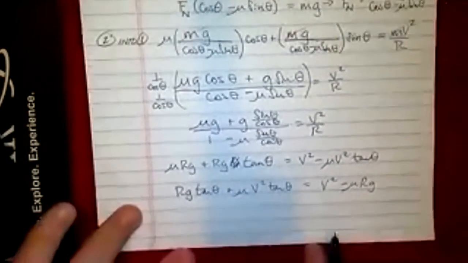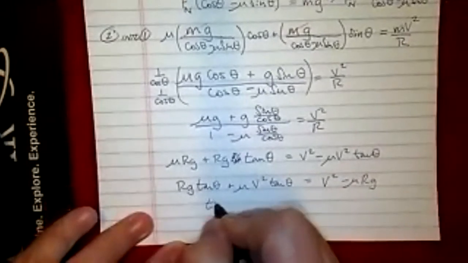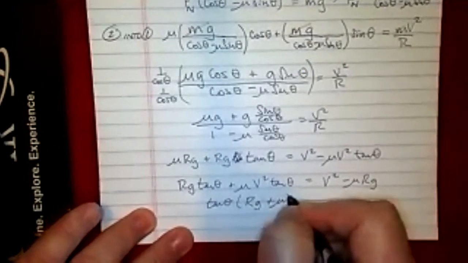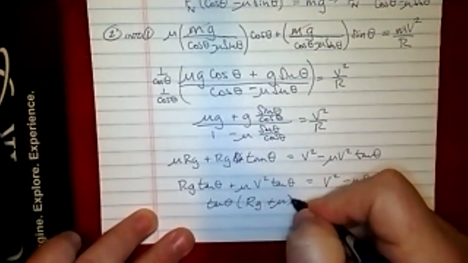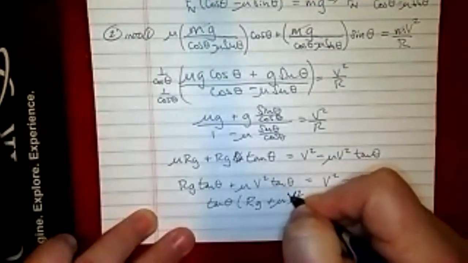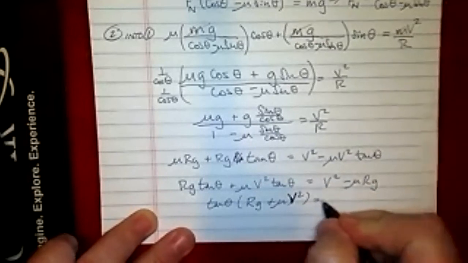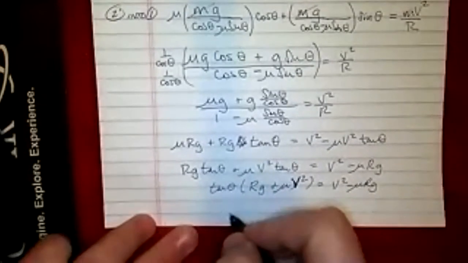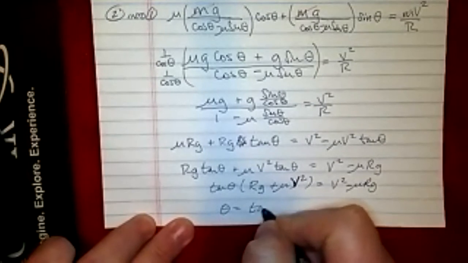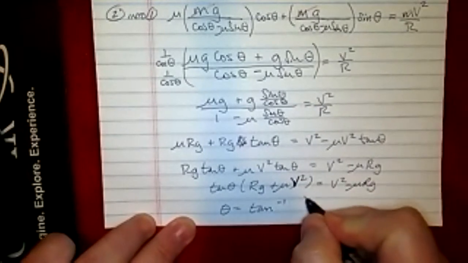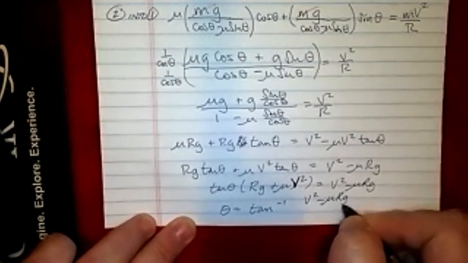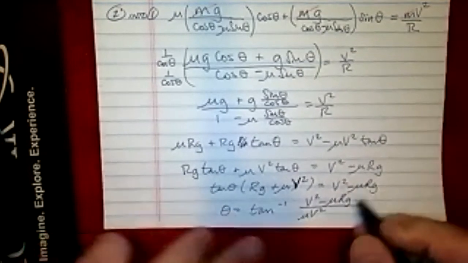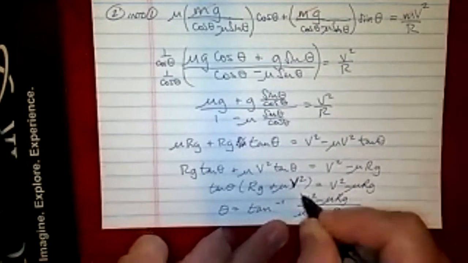I can now factor out a tangent theta, and I will get tangent theta times R g plus mu times a v squared equals v squared minus mu R g. So now all I have to do is say theta is equal to the tangent inverse of this thing, which would be v squared minus mu R g over this thing, which is mu v squared plus R g.